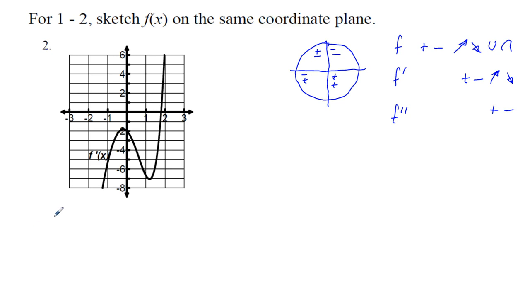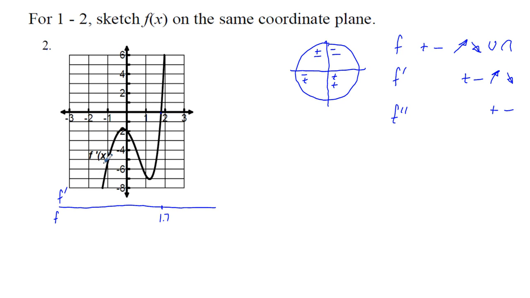Okay, again, we're going to draw this f prime, and f goes below here. And our only critical number we have here, where f prime is 0, is right here at about 1.7, we'll say.